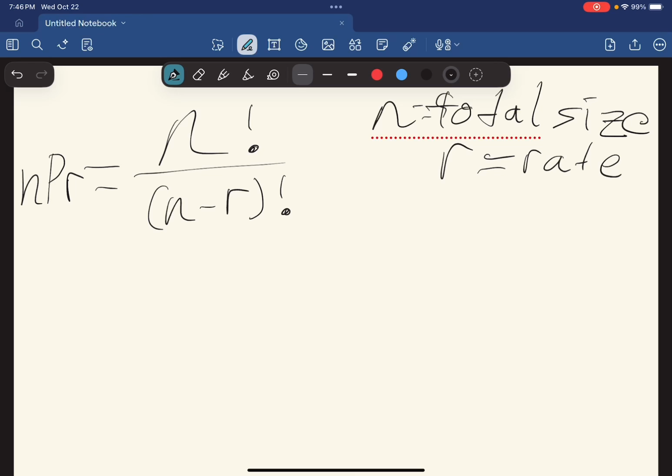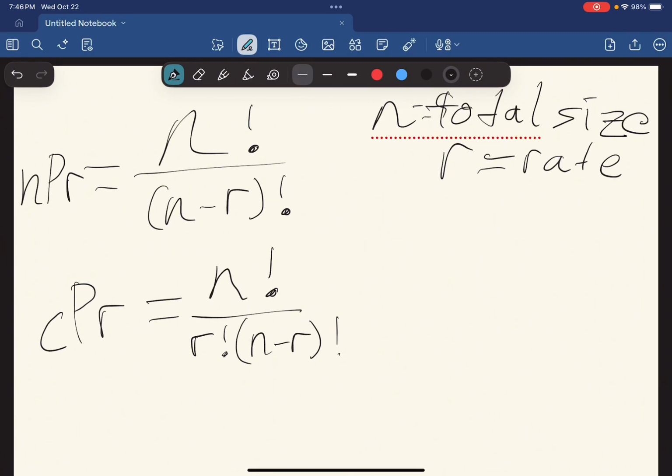And your combination formula will give you fewer outcomes because you don't count things twice. So you would do n factorial over r factorial times n minus r factorial. This will give you a smaller number than the one above because you have the r.